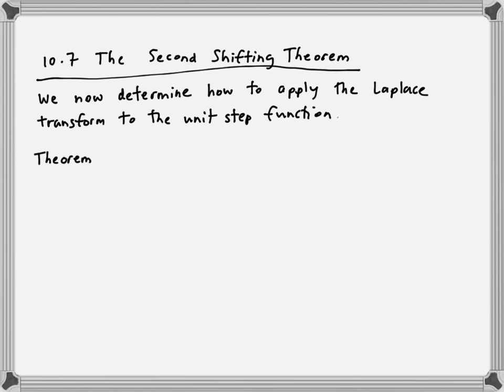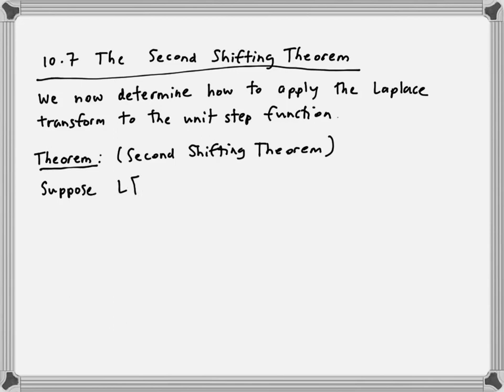This theorem has a name. It's called the second shifting theorem. Okay, so I want you to suppose that the Laplace transform of f of t is equal to capital F of s.